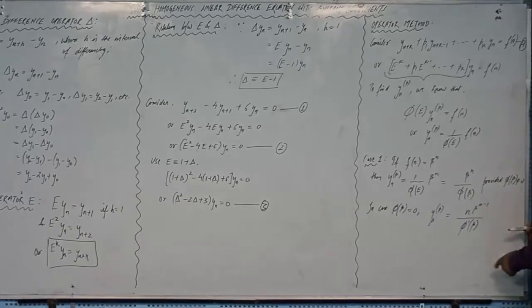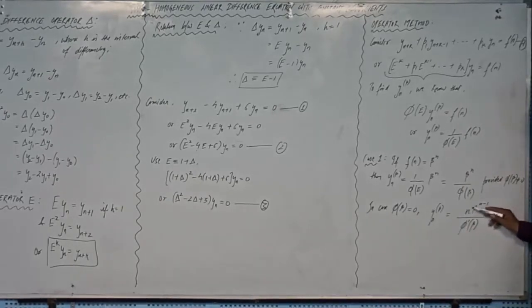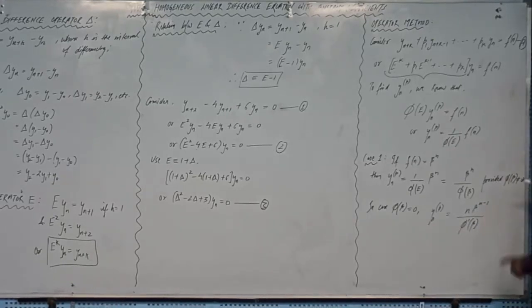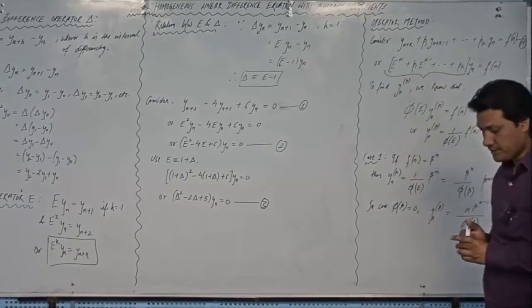And if again phi dash(beta) goes to 0, then the formula becomes n times n minus 1 beta to the power n minus 2, over phi double dash(beta), if this failure occurs twice. So I will be taking examples of this first.